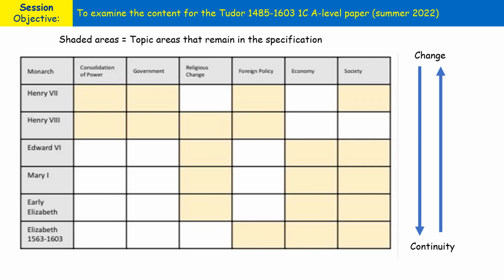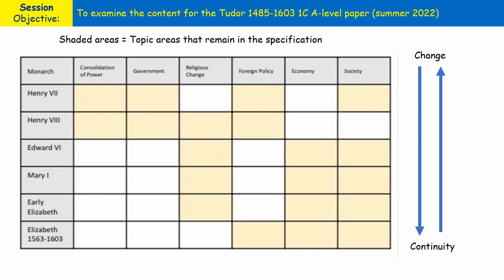So it's really important that you identify the themes that you're more comfortable with, the themes that you might find more challenging, and make sure, and this is absolutely vital, you have a good understanding of the concepts of change and continuity for each of these different concepts.